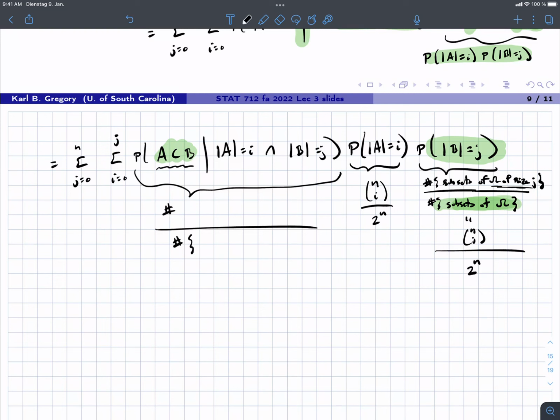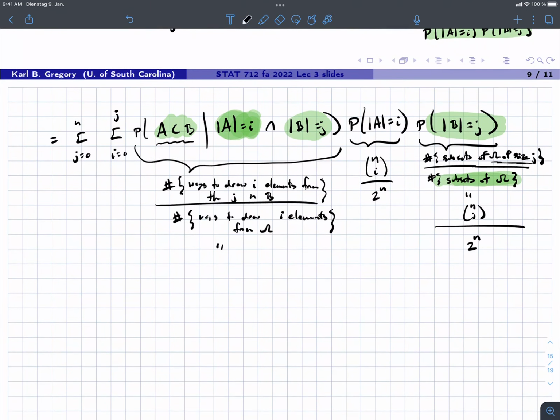For A to be contained in B, I need all of the elements that are in A to be drawn from the elements in J. So it is the number of ways to draw I elements from the J in B, divided by the ways to draw I elements from omega.